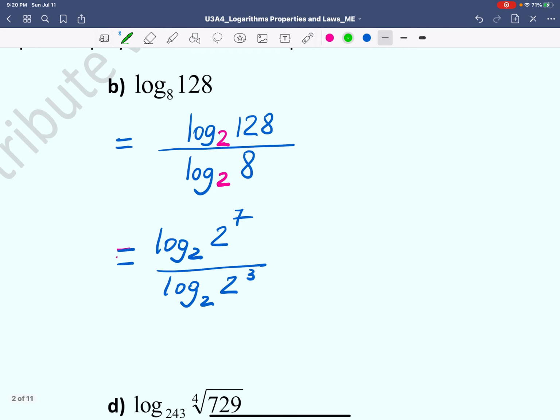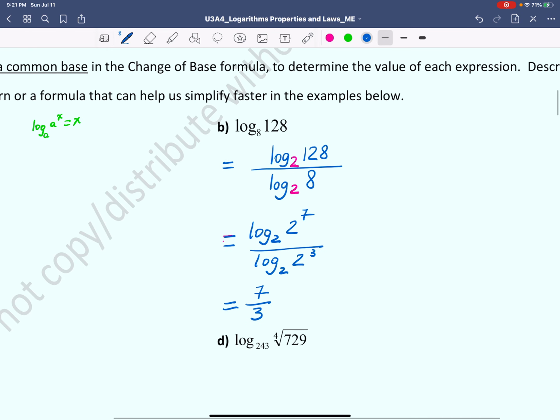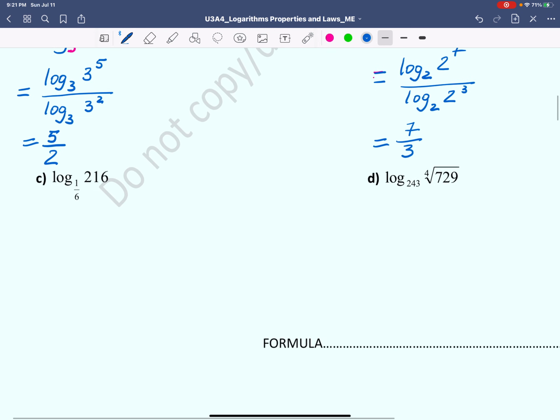You can look at this as if you are simplifying, but don't do the simplifying. Let's remember the pattern, because that's not how it actually works. There is no simplification there, just a shortcut to remember a certain formula. So 7 over 3 is the answer. Let's take a look at the next example.